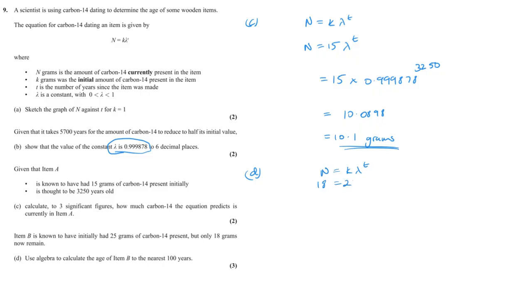It had 25 grams to begin with, and lambda is 0.999878 to the power t. So first things first, 18 divided by 25 is 0.72.